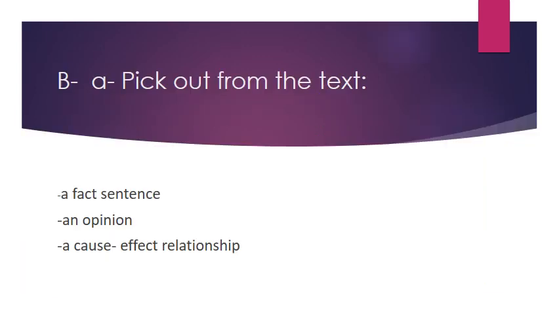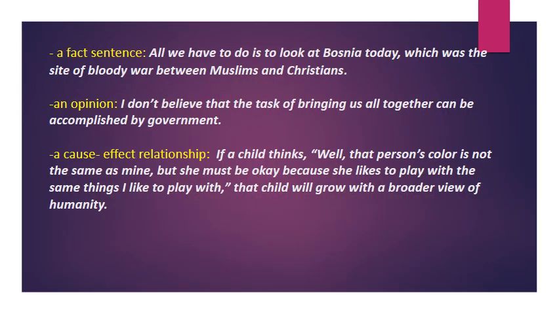Pick out from the text a fact sentence, an opinion, a cause-effect relationship. A fact sentence is a thing that is known or proved to be true. And usually we use some events, durations, dates to prove the fact sentence.